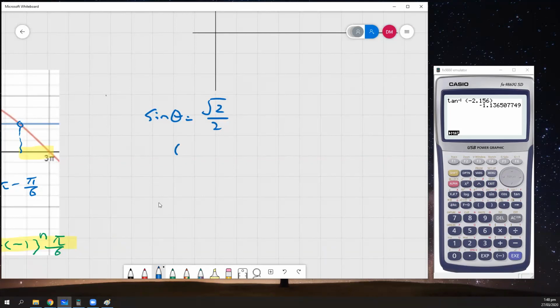Okay, now let's find one solution. Theta equals the inverse sine of square root of 2 over 2. That gives us a solution, which is 0.785. Okay, if you're quick, you probably understand this is also 45 degrees, pi over 4. Okay, that's one particular solution.